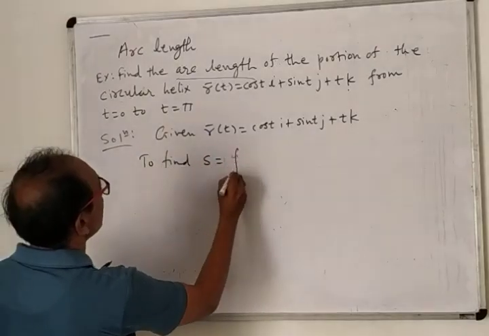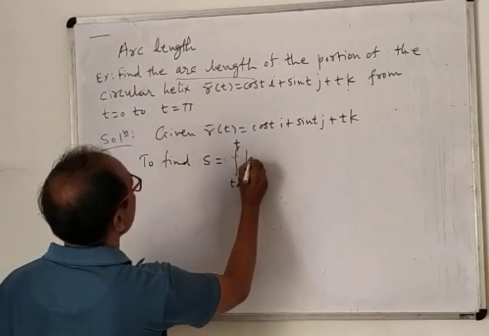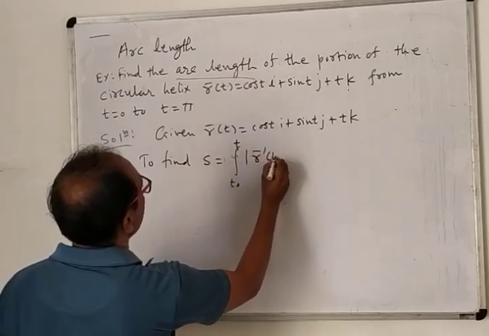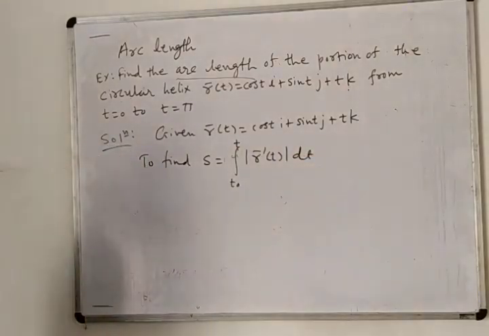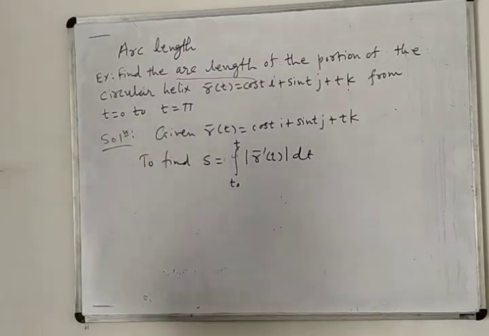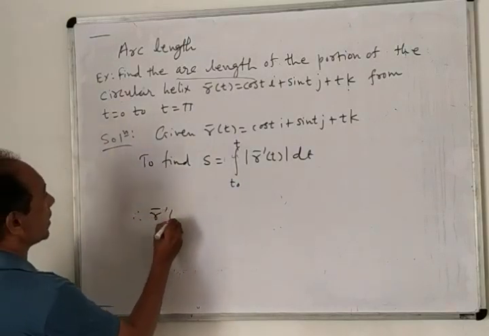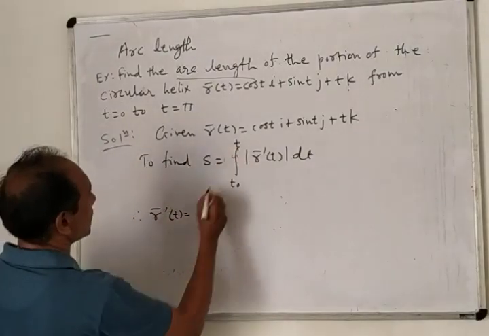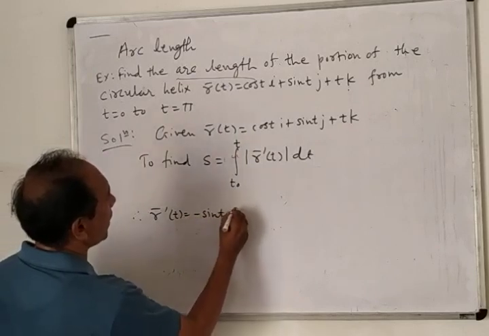We can also write this as r bar dash t. So what do we require to find? We require the derivative of r bar t. Therefore we have r bar dash t. The derivative of cos t is minus sin t into i.